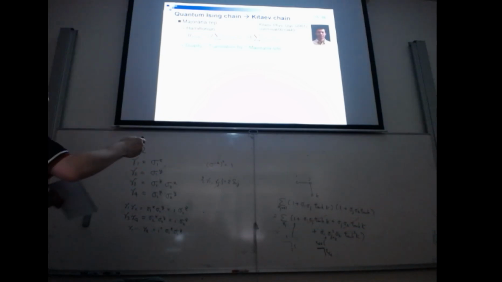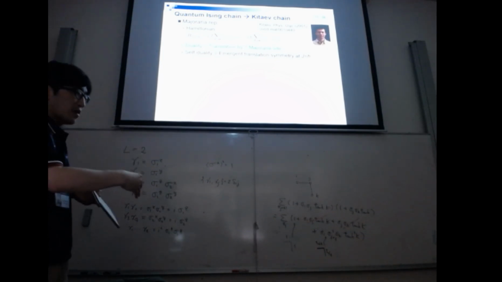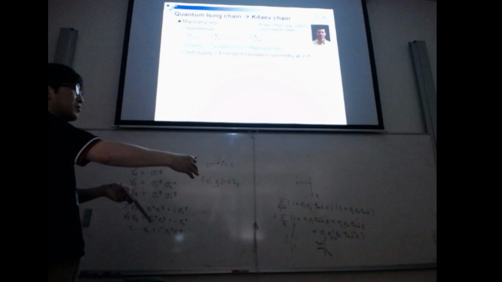And so this is exactly the same as the duality transformation. And the self-duality at the critical point means emergent translational symmetry at J equal h. Because at J equal h, you have additional symmetry, right? I mean, this Hamiltonian is invariant under a one-site shift.